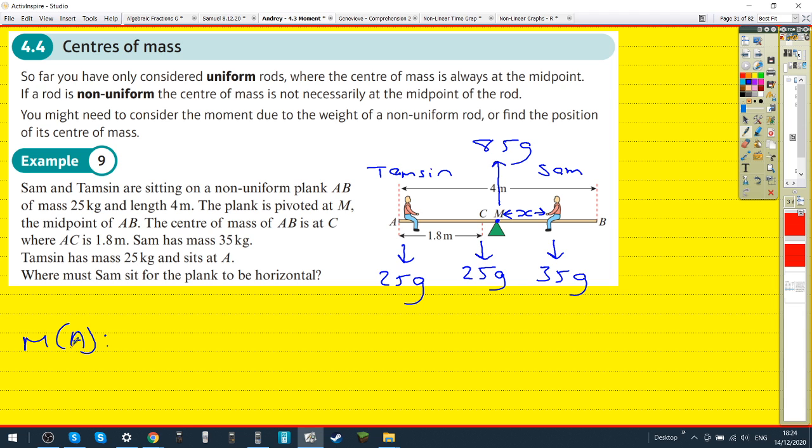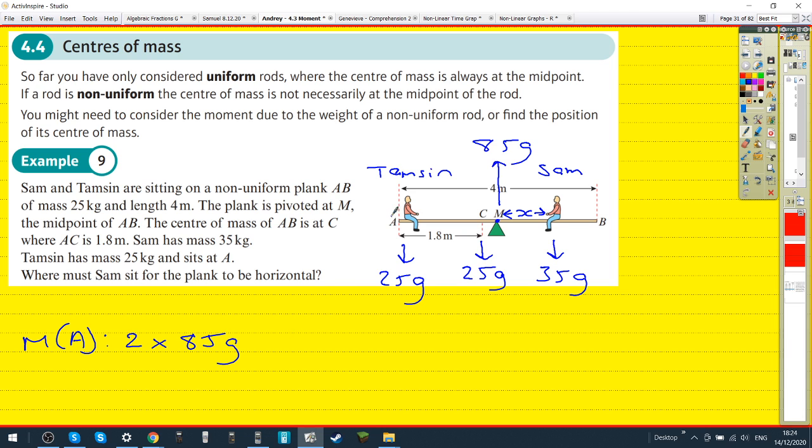Okay, so will that be like 2 times 85 plus, will it then be plus 0.2?